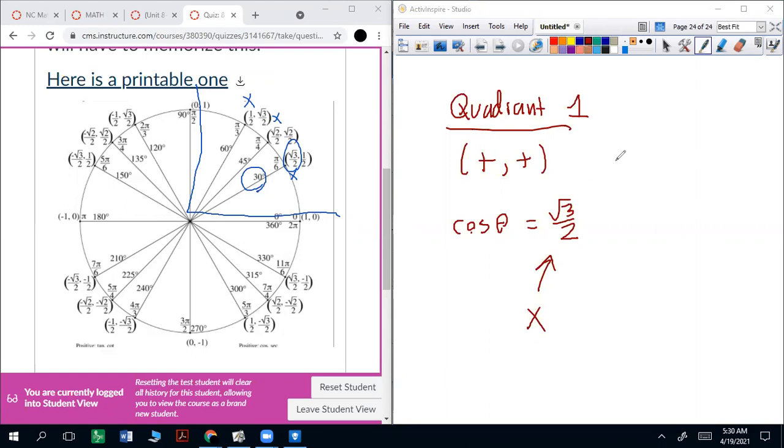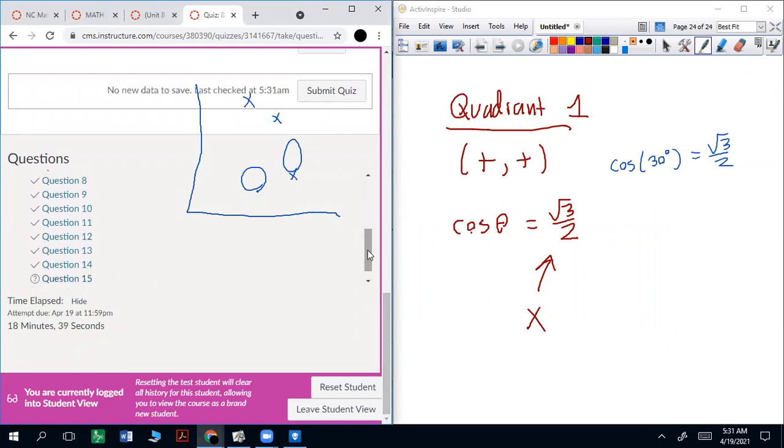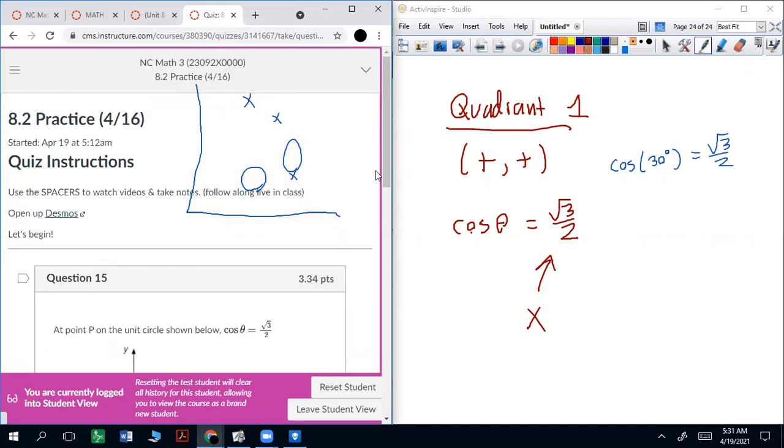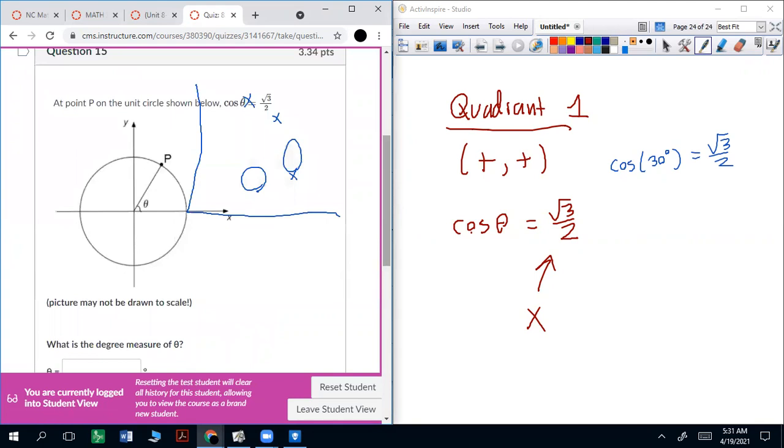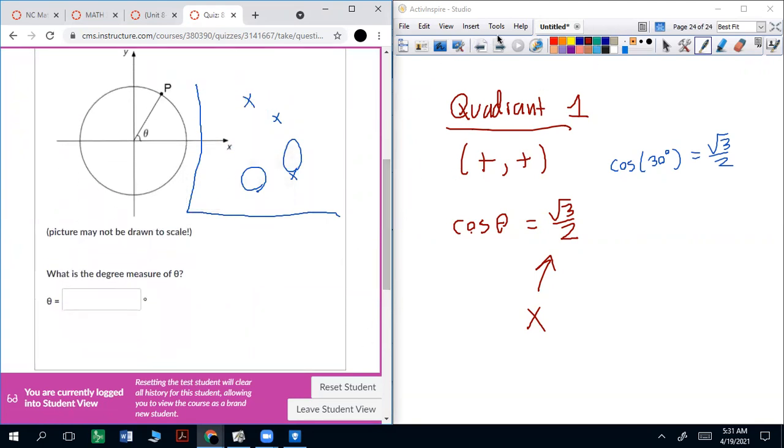So the cosine of 30 degrees is the square root of 3 over 2 in that quadrant. It's not drawn to scale, but that is what your answer is going to be. And you can verify that on the calculator if you need to.